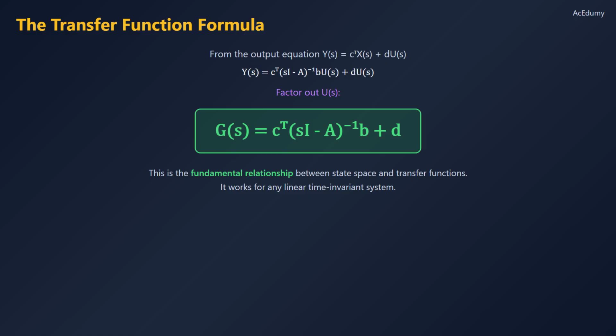This gives us Y(s) equals C transpose times the inverse of (sI minus A) times B plus D, all multiplied by U(s). Therefore, the transfer function is G(s) equals C transpose times the inverse of (sI minus A) times B plus D. This is the fundamental relationship between state space and transfer functions.